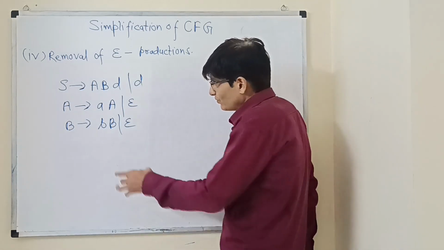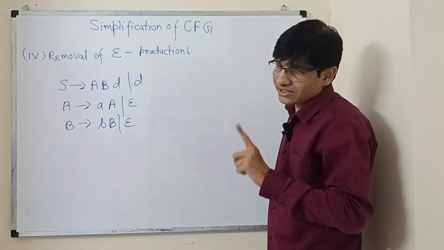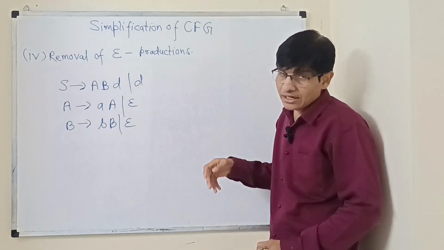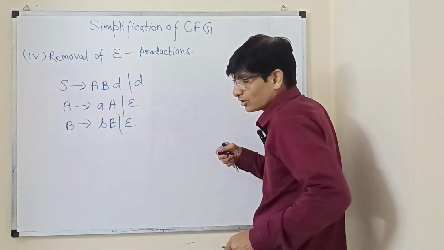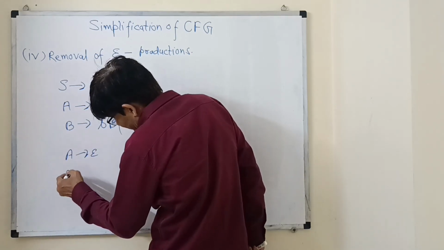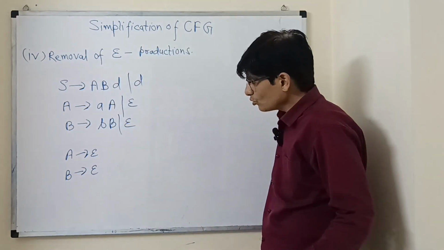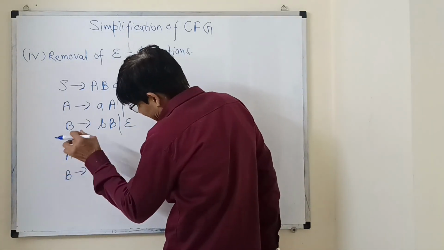So now we have identified this grammar is not generating epsilon. Now we will see how to remove epsilon productions from this grammar. There are two epsilon productions, which are A gives epsilon and B gives epsilon. We will consider one production at a time.